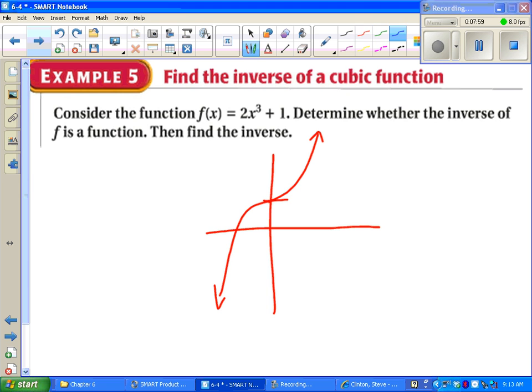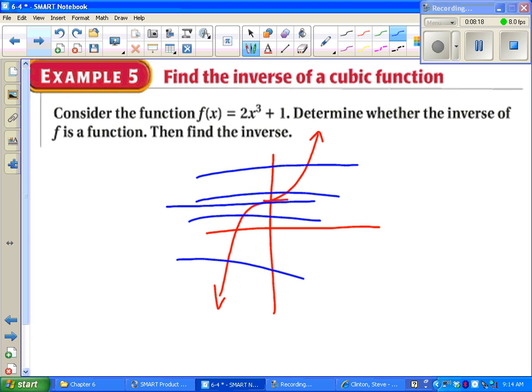Then you have to ask yourself, does this pass the horizontal line test? Take a couple seconds and think about that. If you say yes, it passes, you're right. No matter where I draw a horizontal line, it only goes through a maximum of one time, even at this spot where it's kind of flat.